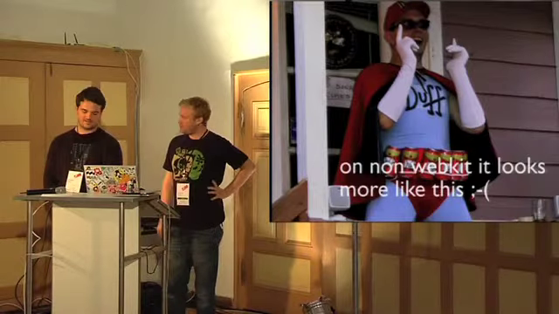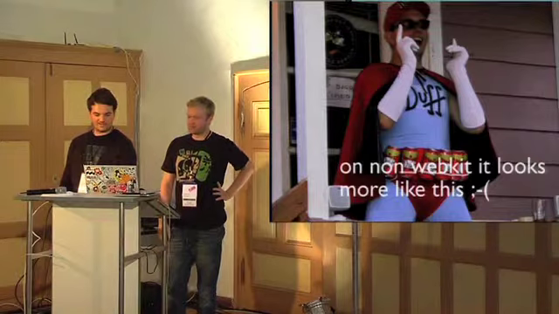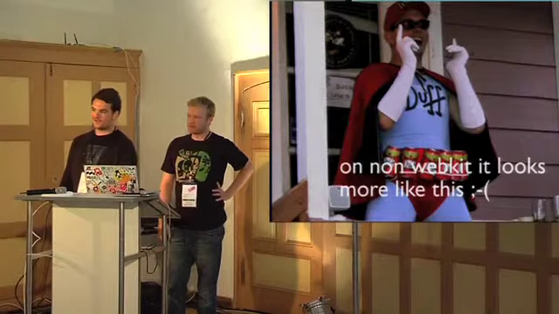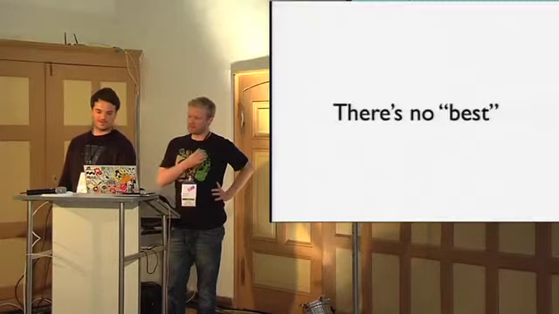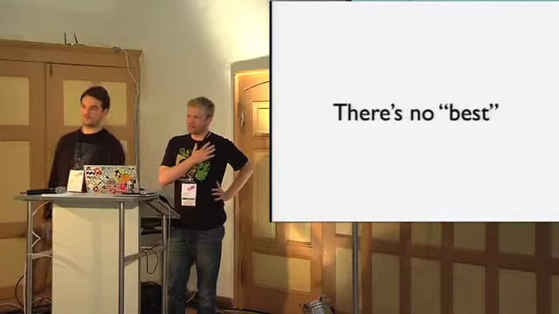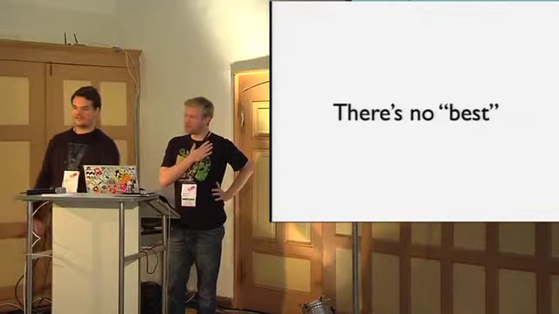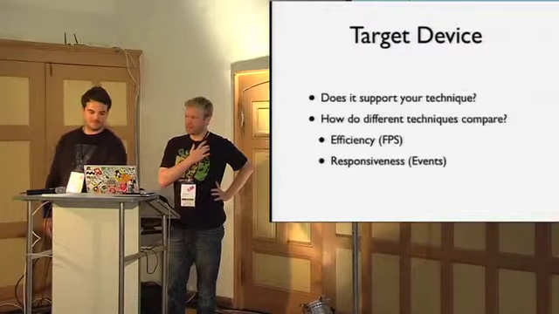Okay. So basically, to wrap it up a little, you have to decide which one you're going to use to solve your problem, and there is no best solution. But here's some advice. When you have to solve your problem, you think about, does it run on mobile? Does it run on the desktop?